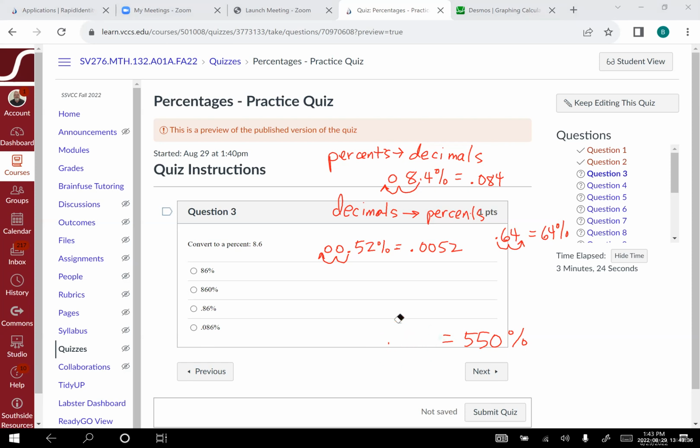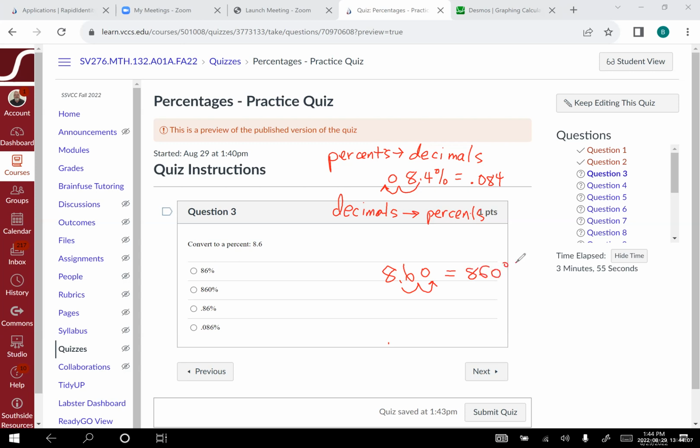Here we go again. Convert 8.6 to a percent. 8.6 to a percent. We go 2 to the right. 1, 2. Add our 0. 860%.